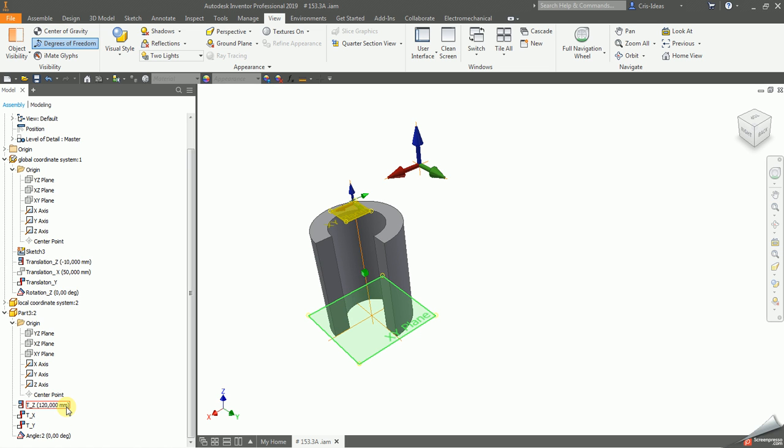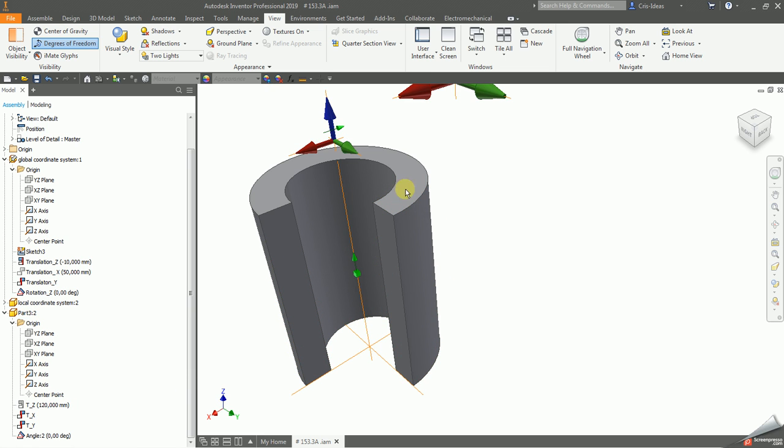Now what I will do is suppress the Z translation for the part to local coordinate system constraint. As we can see now, the part indicates it follows something, it follows local coordinate system 2, and it has some degree of freedom on its own.